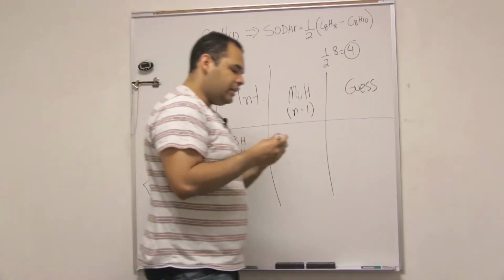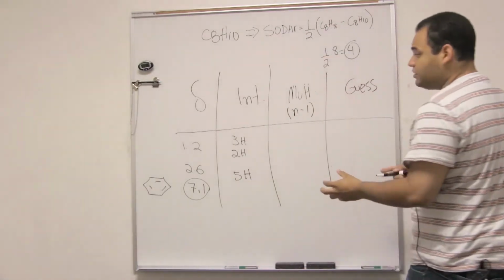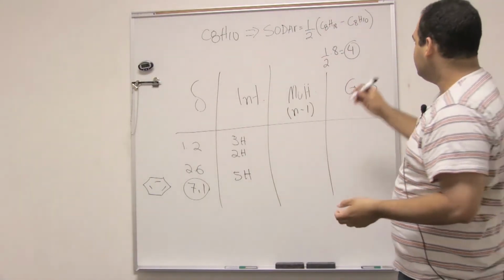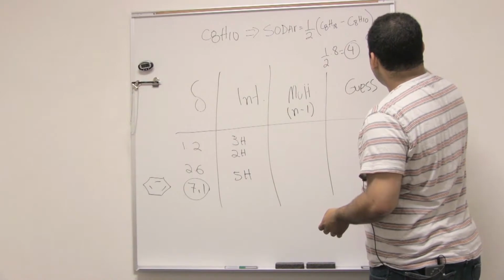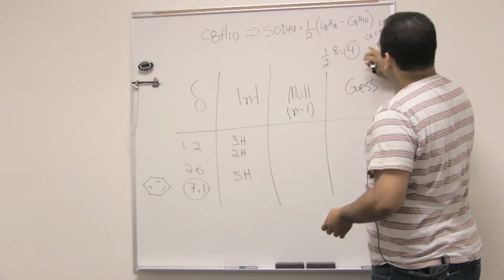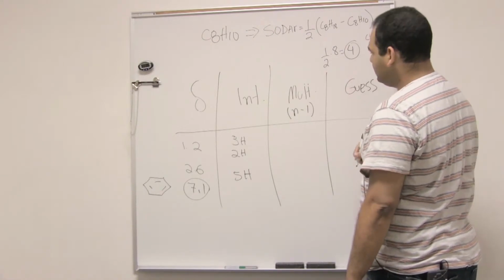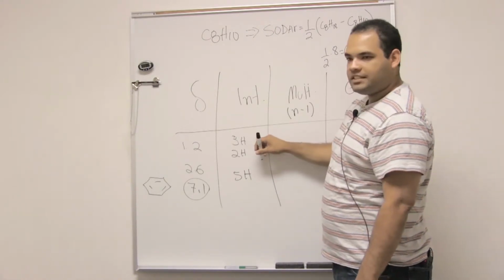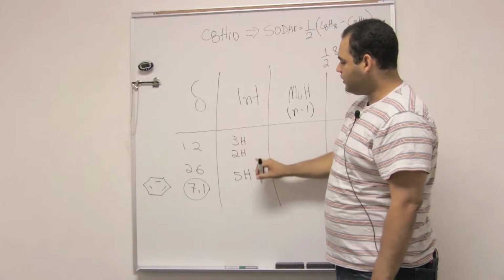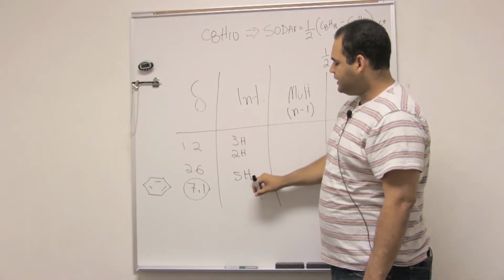So I start thinking, well, what combinations could I have to give me 3 equivalent hydrogens? I could have a CH, CH, CH, which gives me 3, or I could have a CH3. If I have CH, CH, CH, I have 1, 2, 3, and 4, 5, 6, 7, 8, 9.